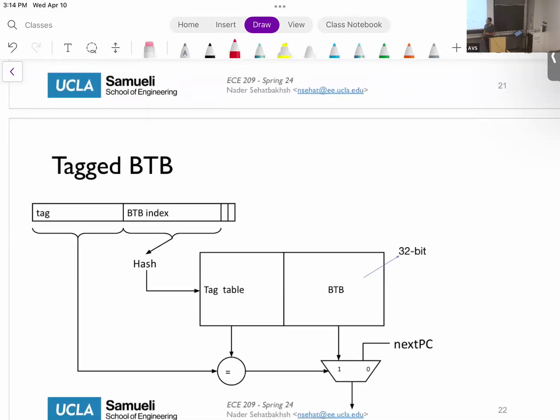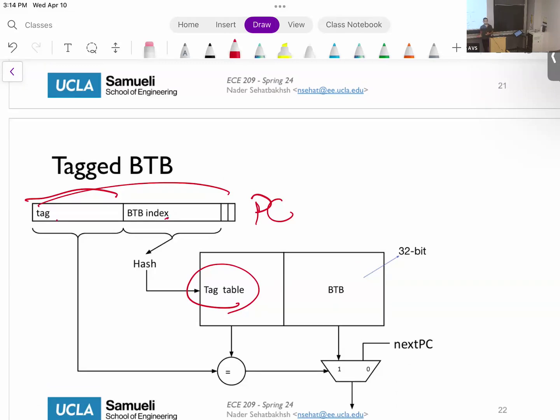As I said, usually what we do is that we need to store the tag somehow into our BTB, into our target address. There are many, many different ways that you could do that. You can, as I said, use some portion of your PC as a tag. You can use the entire PC as a tag. You can divide your PC into index plus tag and then use that.